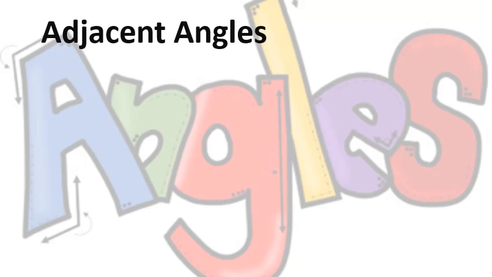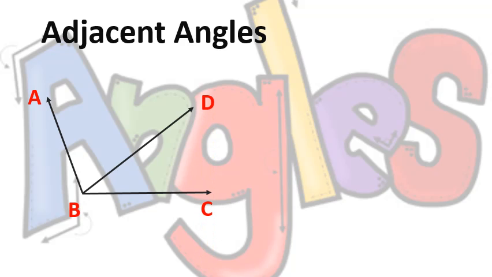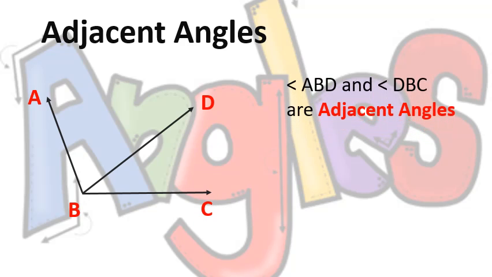Now, adjacent angles. So, if we have this figure, this is A, B, C, D, and I told you angle ABD and DBC are adjacent angles. What do you mean by adjacent angle?